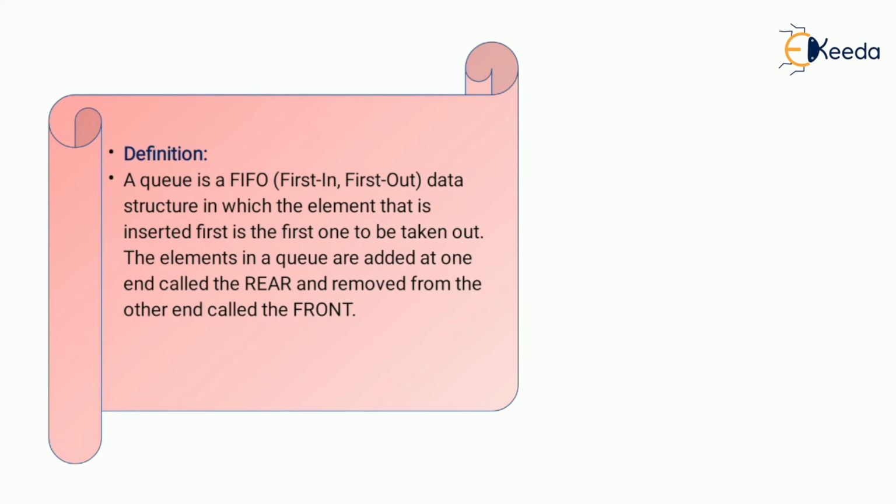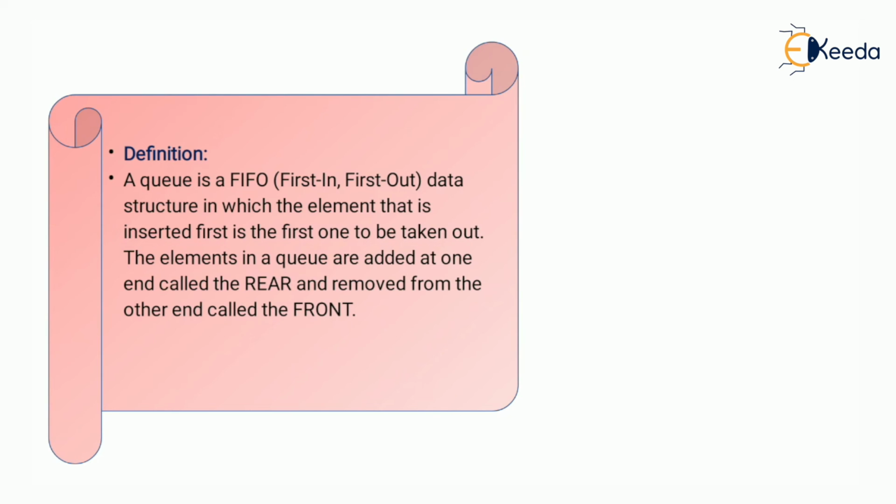Now here we consider the type of queue. Whatever element is first inserted is taken out first. The elements in a queue are added at one end, called the rear end, and removed from the other end, called the front end.